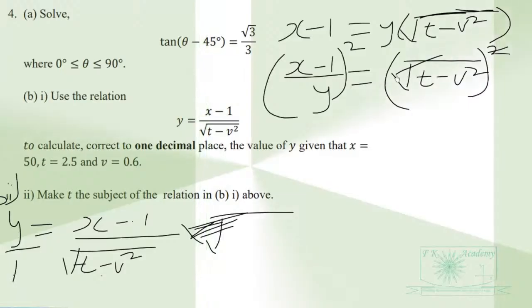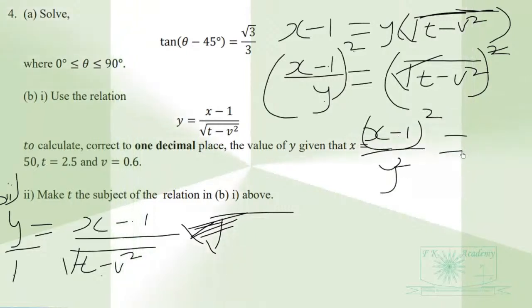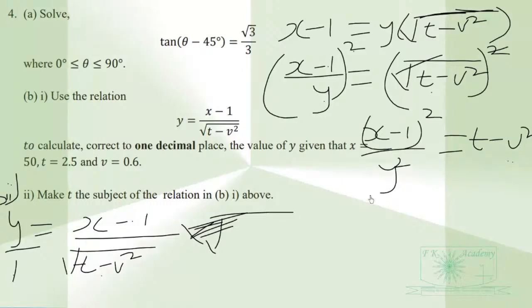Now we're going to square x minus 1 and y. So that will give us (x minus 1) all squared over y squared is equal to t minus v squared. So we can send the v squared to this expression here.